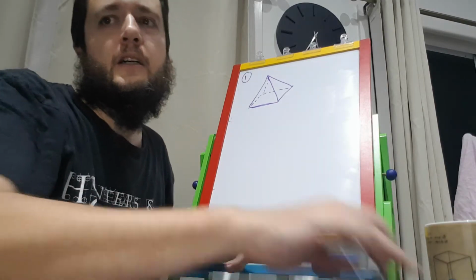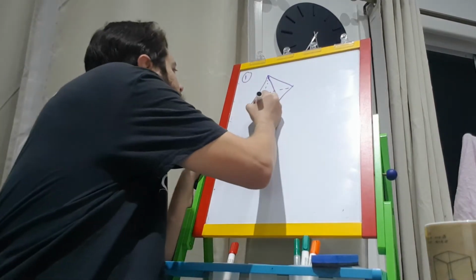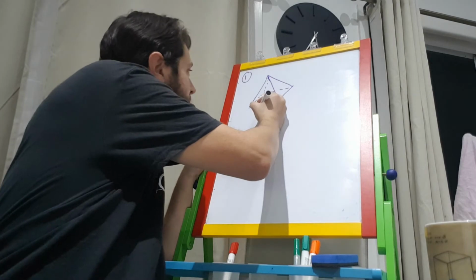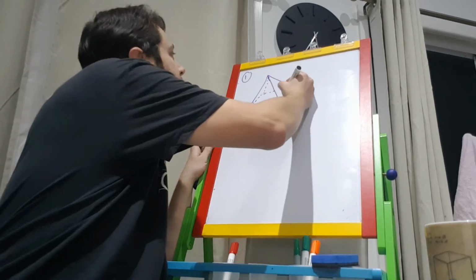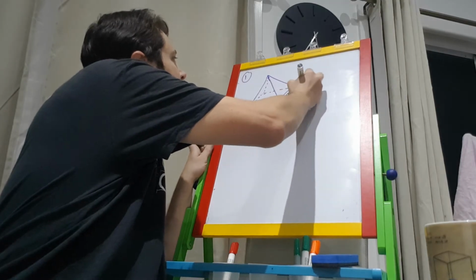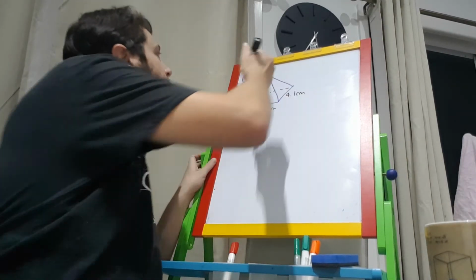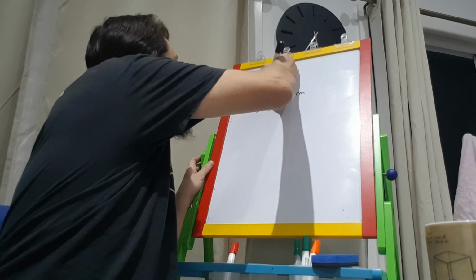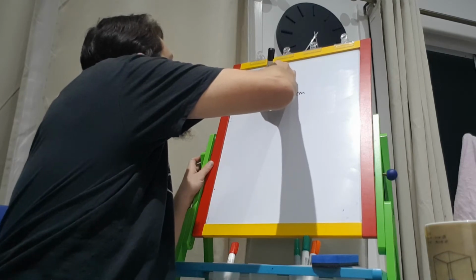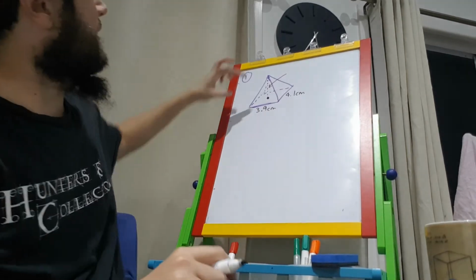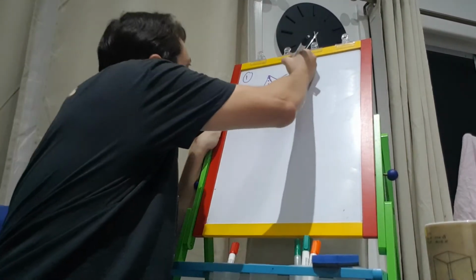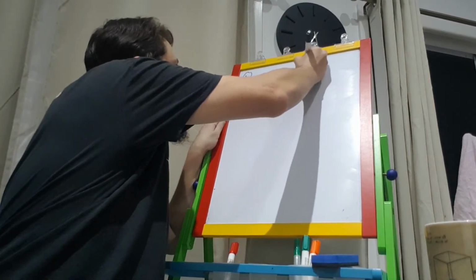So I'm going to make this 3.9 centimeters. I'm going to make this 4.1 centimeters. And the other thing I'm going to give you is the perpendicular height. If that's 3.9, we'll give that 5.3 centimeters.